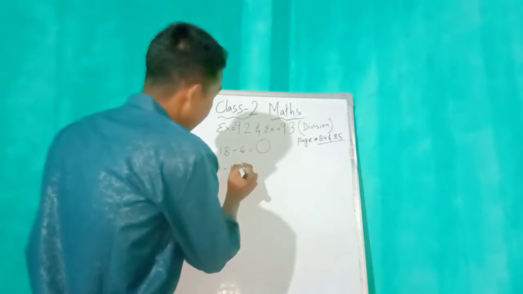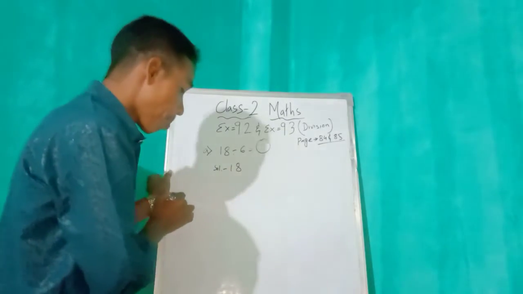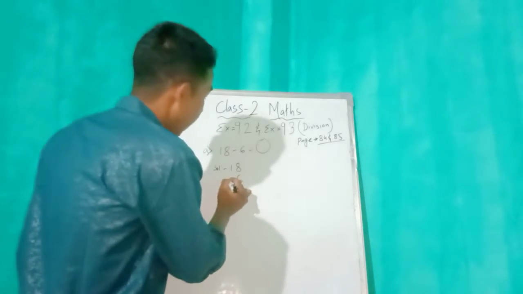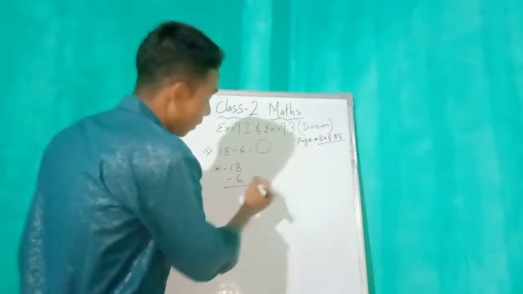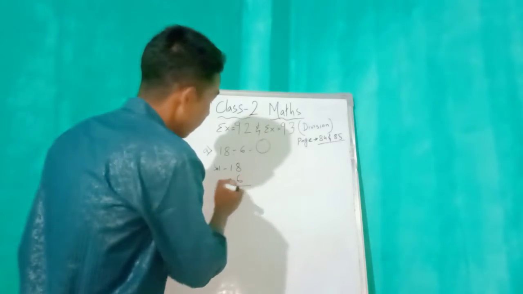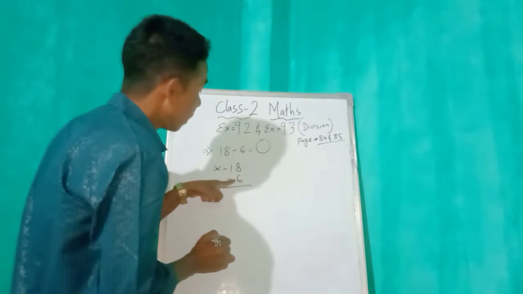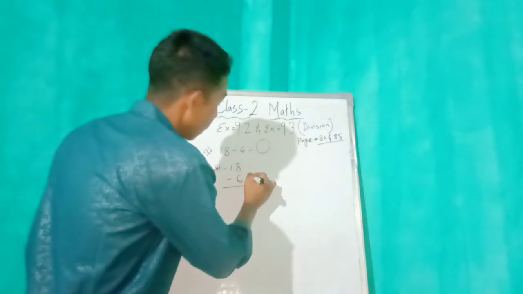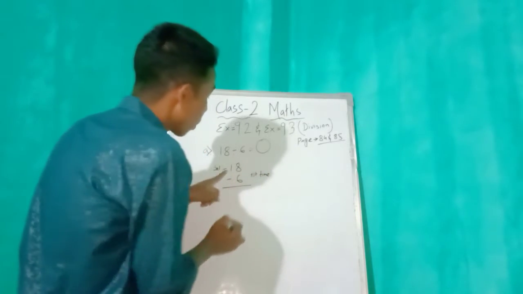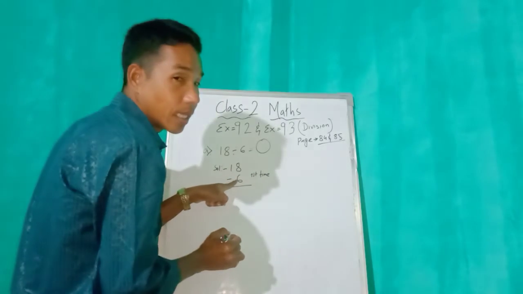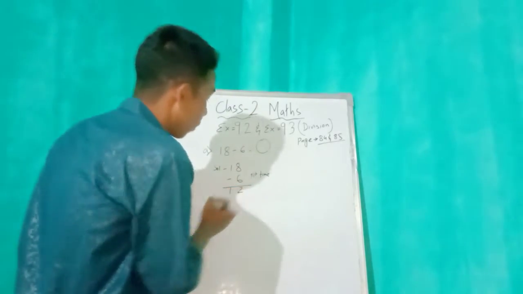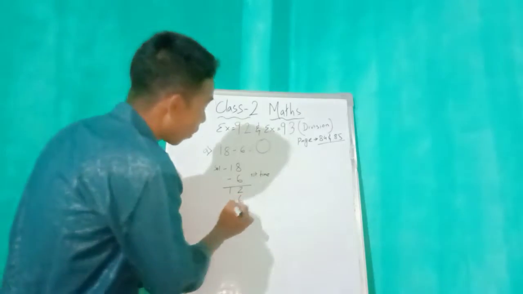So 18, with 6, first with 6 minus. This is the first time. If you minus 6 from 18, then 12. Now we'll bring again one more 6.